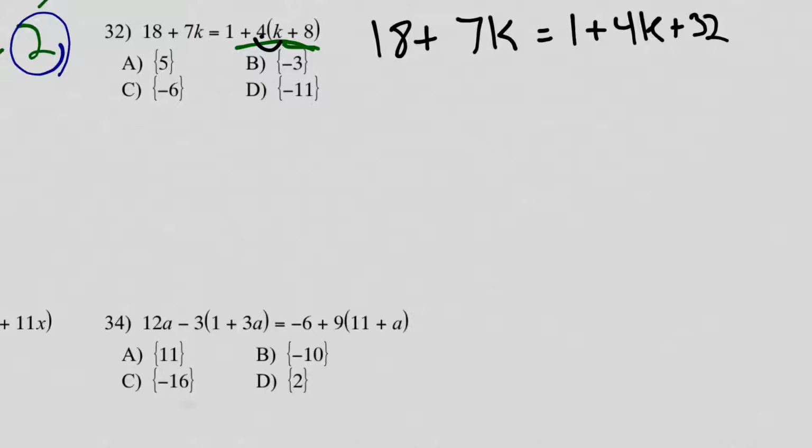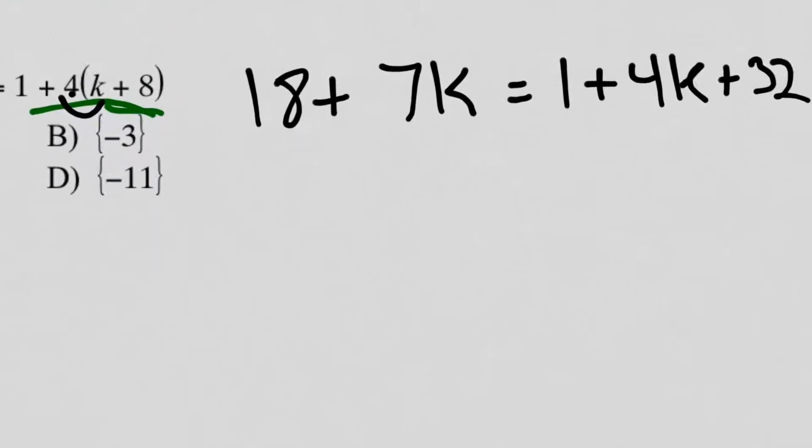All right, so now that it's been expanded out, we're going to solve the same way as we did the previous example. Oftentimes people want their variables on the left-hand side, but really we could have them on either side. So we're going to continue to think of this like a scale.